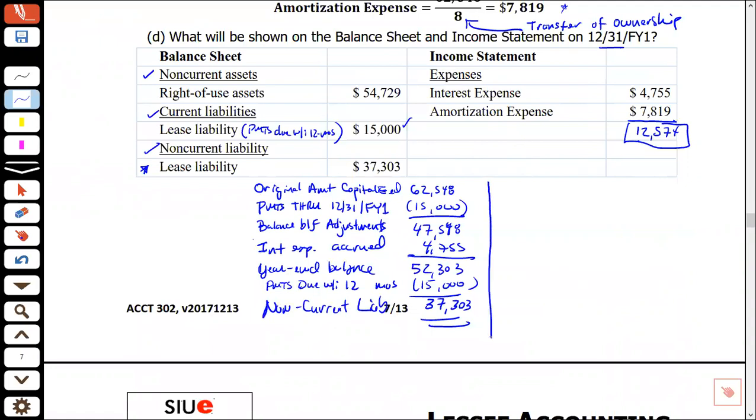Okay, so we'll set that aside. And for the right of use asset, I'll call it ROU for short, the capitalized amount was 62,548. Amortization through 12/31 of FY1.